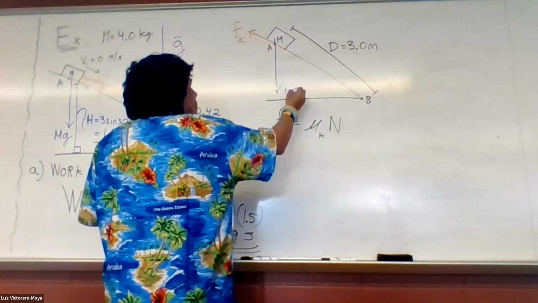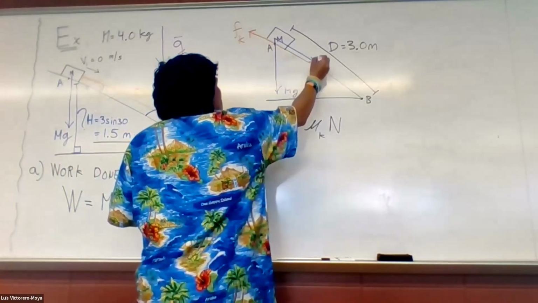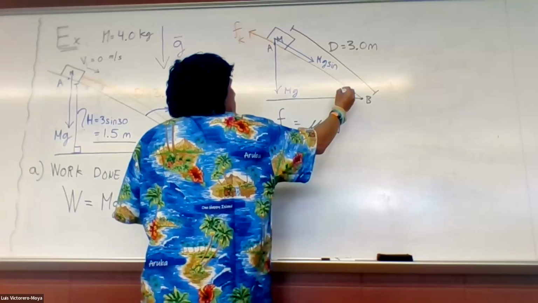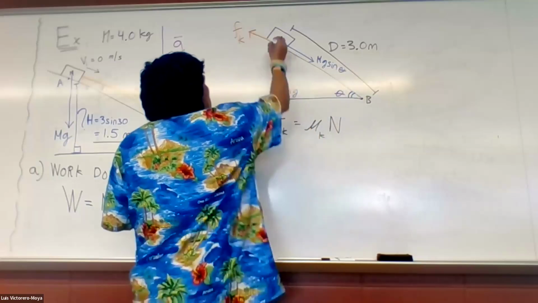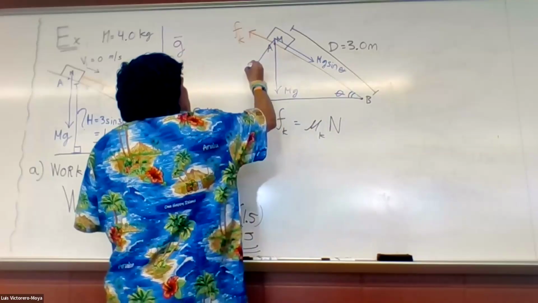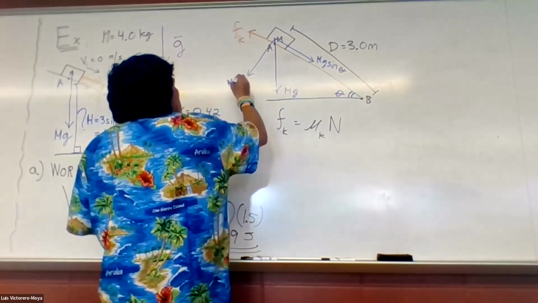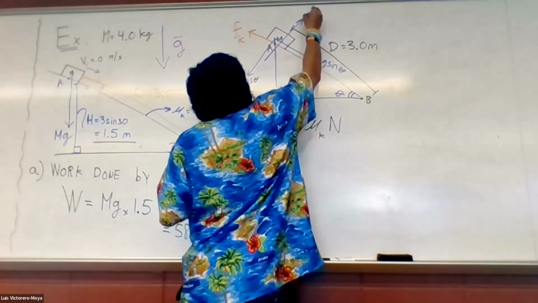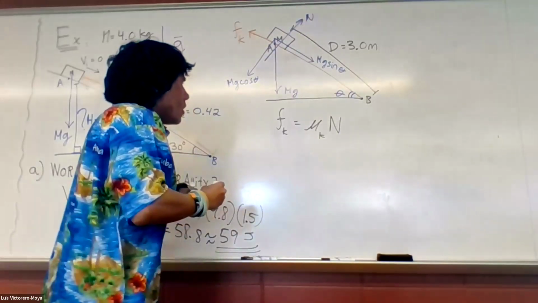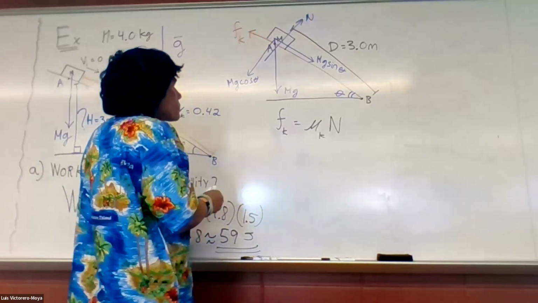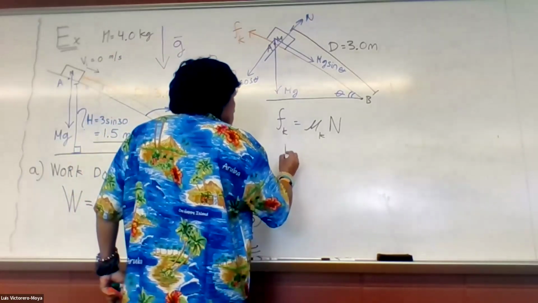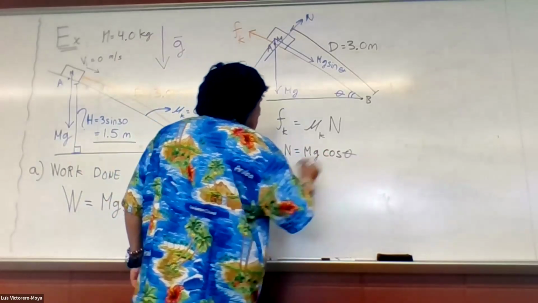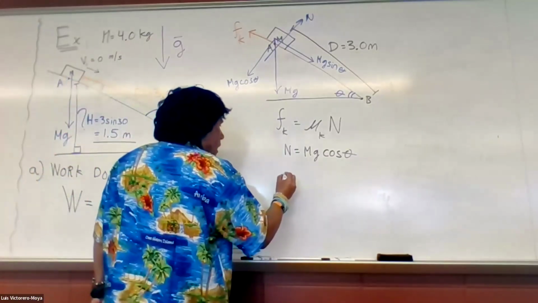The components are mg sine theta, and this will be mg cosine theta. And of course, the normal is mg cosine theta.